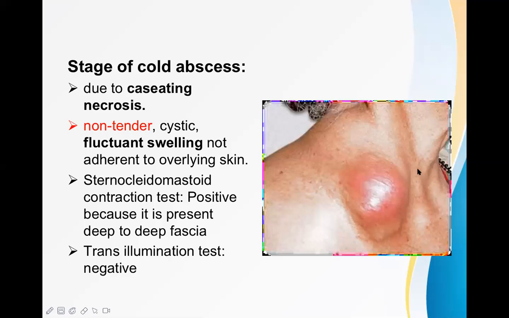If it brightens up or illuminates, that means it is positive. Now what is the conclusion here? If there is clear fluid inside the cyst, then the transillumination test is positive. If there is pus, which is not a clear fluid, this test would be negative. So the transillumination test is negative in case of cold abscess.